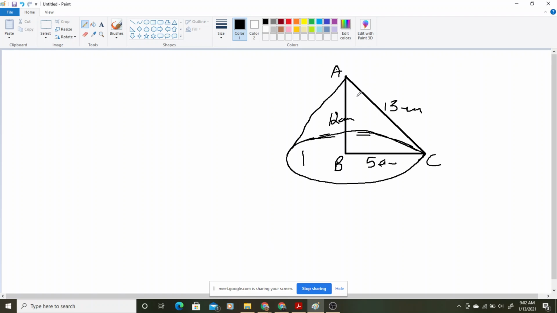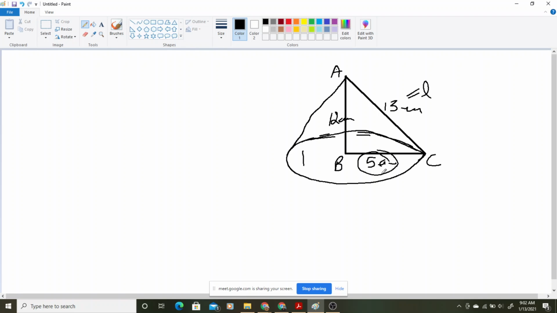The 13 is the slant height, the slanted one, so there is some difference. If I rotate this 5 centimeter side like this, what will it become?